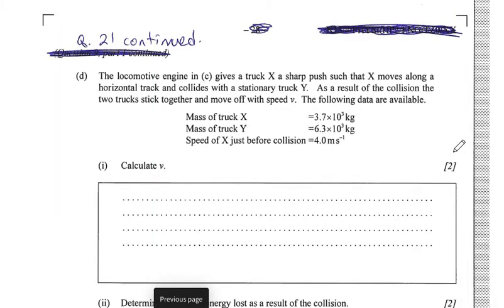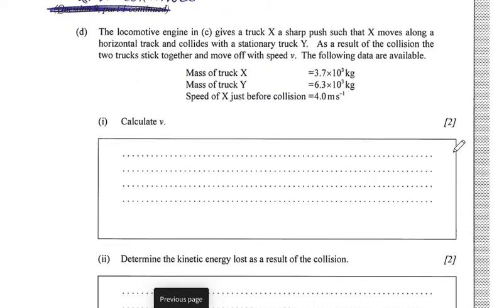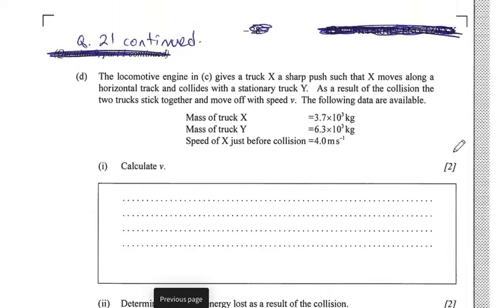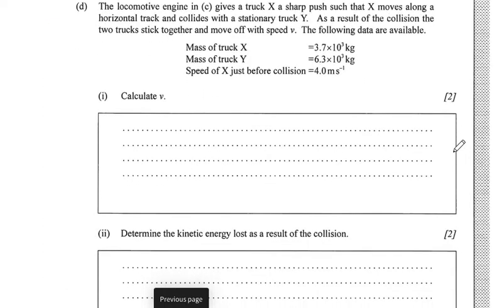The last part of this question is a collision between two trucks. So let's draw a picture of this story here. We have a truck X. So this is before collision. Truck X has that mass and it's moving with 4 meters per second just before the collision, where Y is not moving.